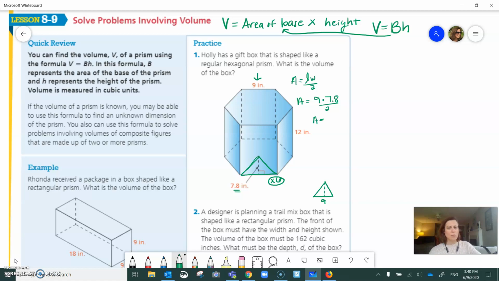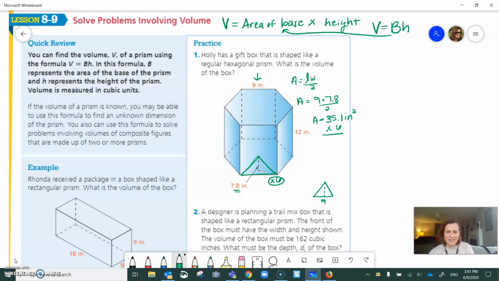So the area of one of those triangles is 35.1 inches, and because it's area, those inches are squared.